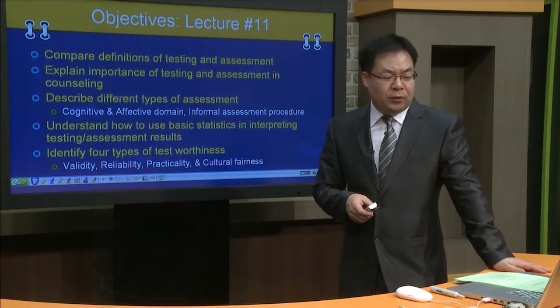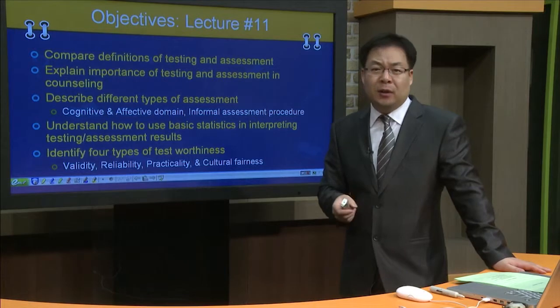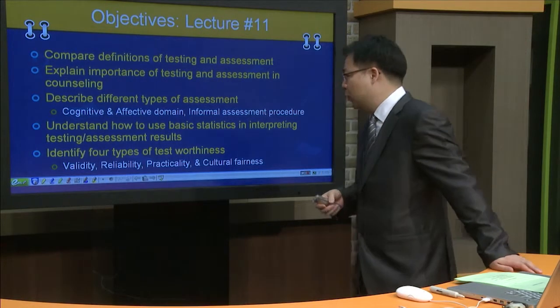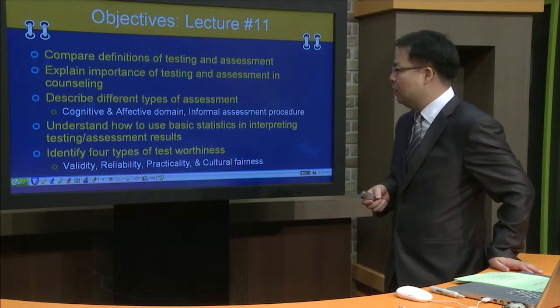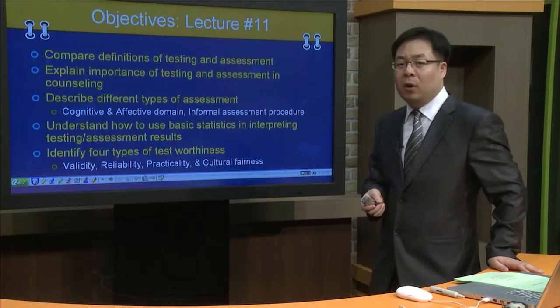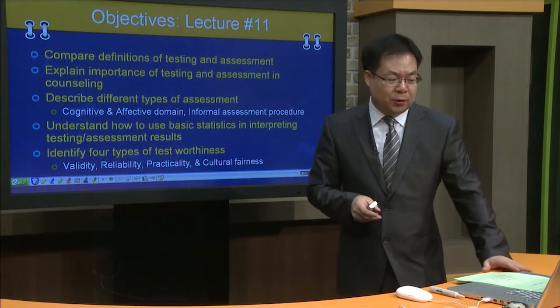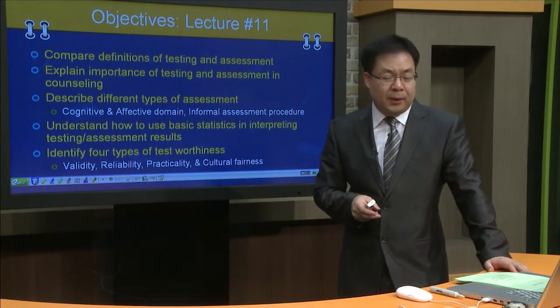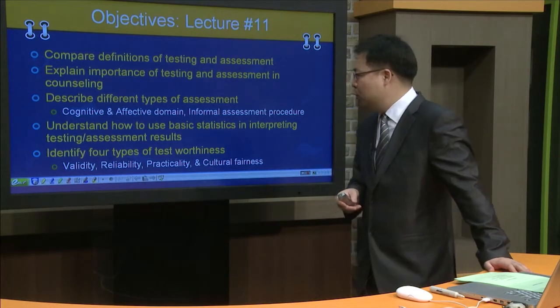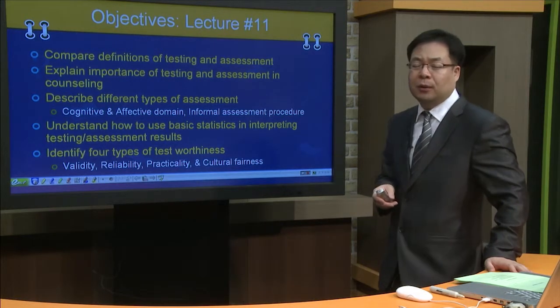The third one describes different types of assessment. There are many different tests used in the counseling session, in particular in the cognitive and affective domains, and the counselor also uses some formal or informal assessment. So we want to review some different types of assessment. Next is to understand how to use basic statistics in interpreting testing and assessment results.